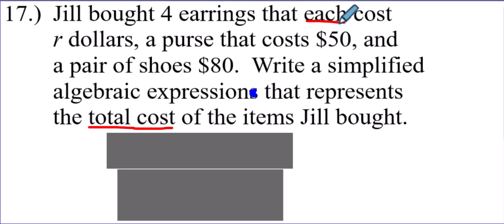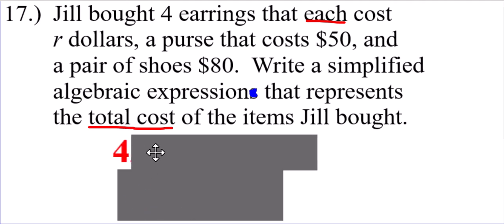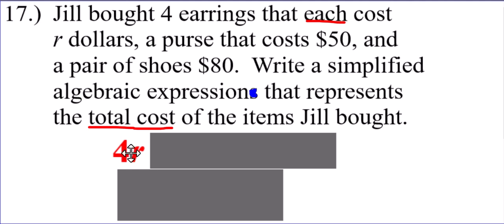In real life, maybe they would each cost, I don't know, maybe $15 or something like that. If you bought 4 earrings that each cost $15, how would you get the money that you're going to spend? Well, you would take 4 times 15. Well, then that's what we're going to do here. We're going to take 4 times the cost of R dollars each. So 4 times R. No need for a times dot.